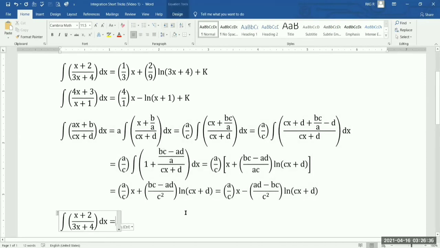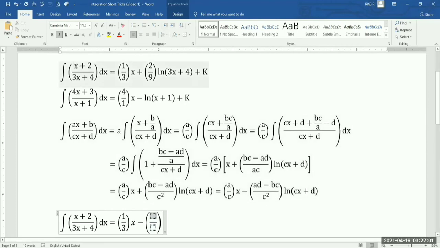According to the formula, what will be the answer? This will be the coefficient of x in the numerator upon the coefficient of x in the denominator, that is a by c. Here a is 1, c is 3. This will be 1 by 3 times x minus (ad - bc).